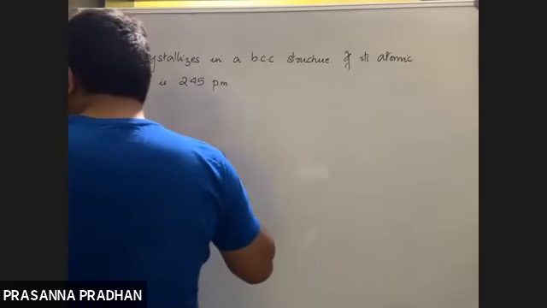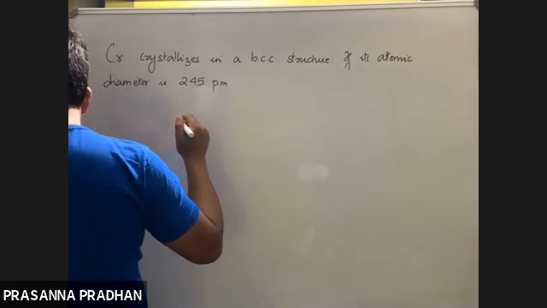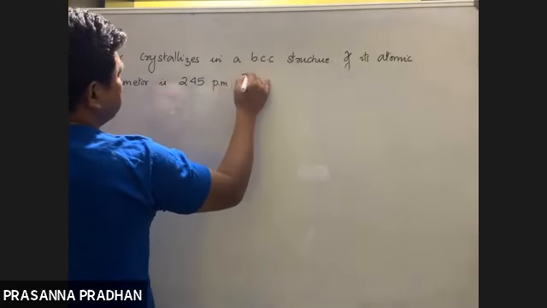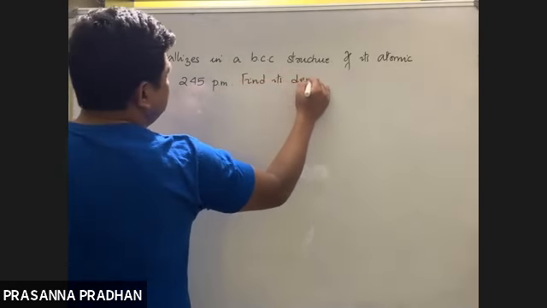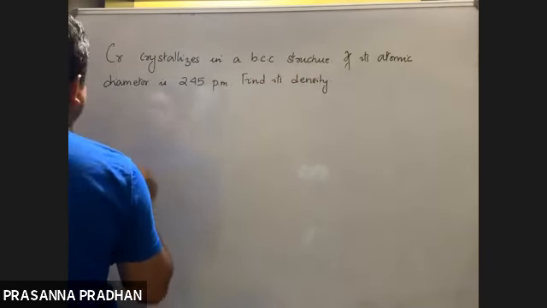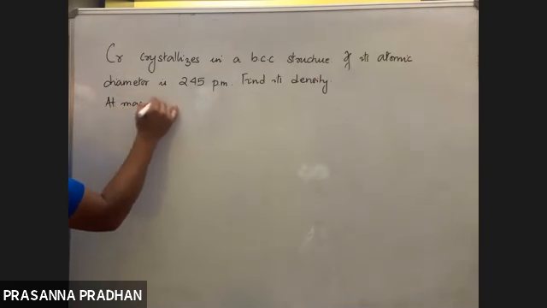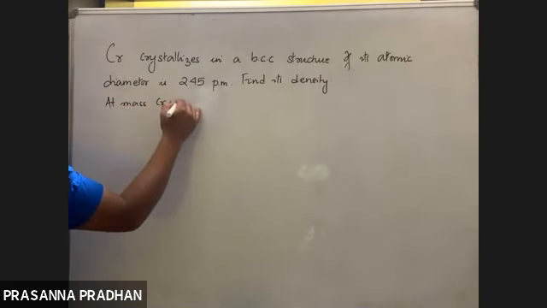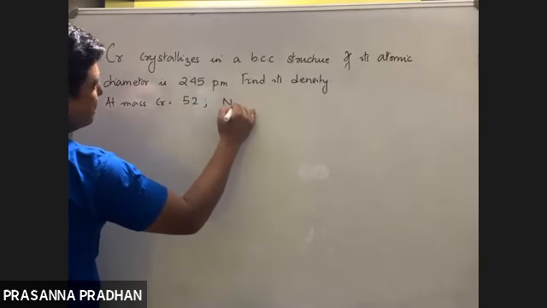Find its density. Given atomic mass of chromium is 52, and I think this can work whether it is given or not.